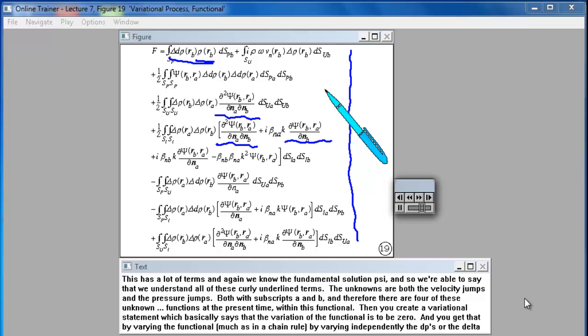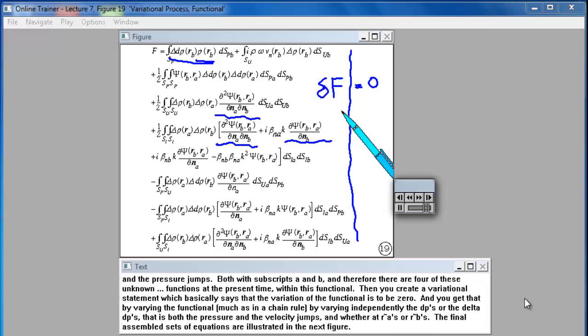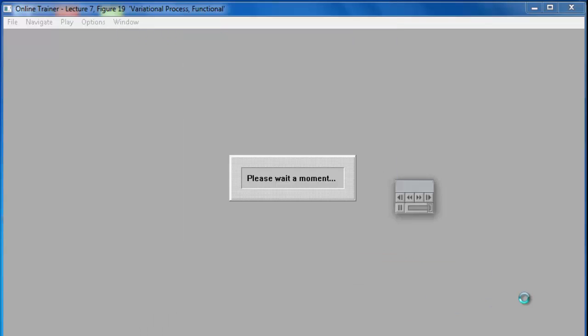Then you create a variational statement which basically says that the variation of the functional is to be 0. And you get that by varying the functional, much as in a chain rule, by varying independently the delta dp's, that is both the pressure and the velocity jumps, and whether at RA's or RB's. The final assembled sets of equations are illustrated in the next figure.